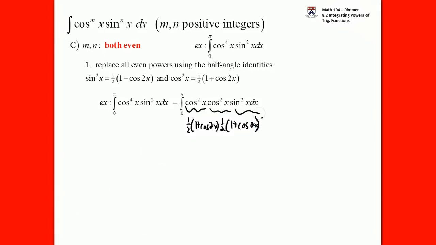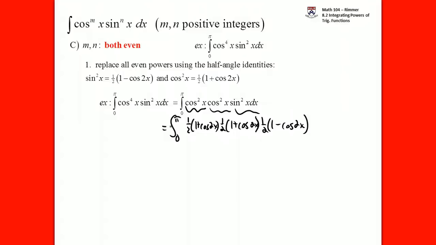Sine squared is 1/2 of 1 minus the cosine on twice x. And I'm integrating that from 0 to pi. They are the same identity. One has a plus, one has a minus. The sine has a minus. That's what it is. And the cosine has a plus.